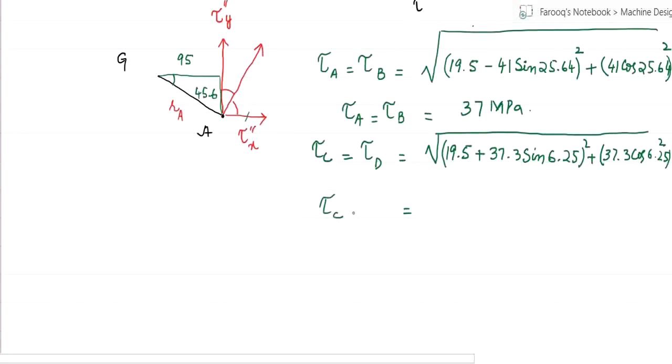And shear stress at C and D are 44 megapascal.